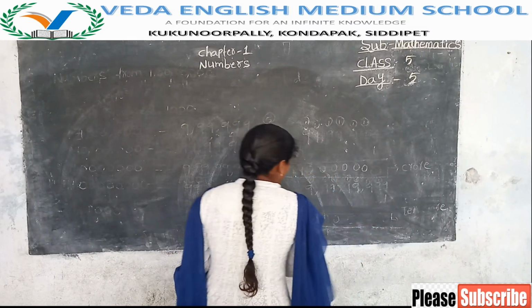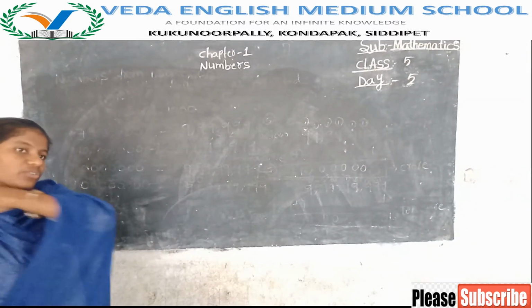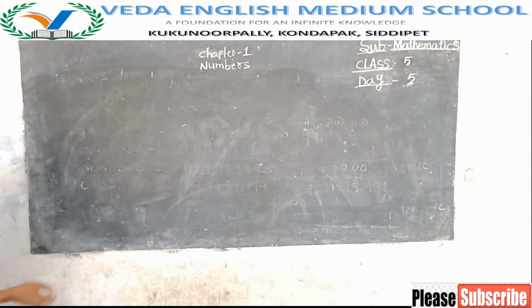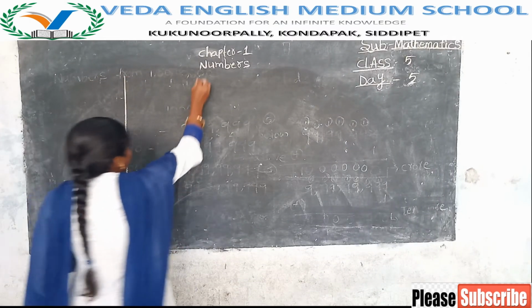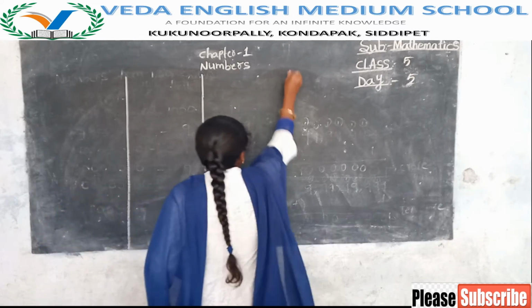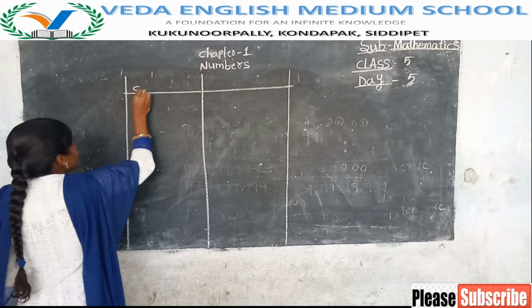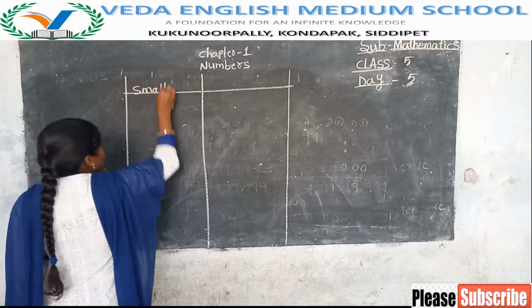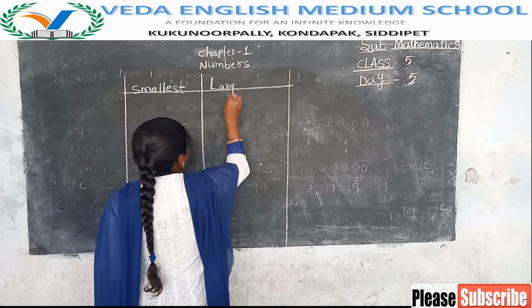Already you know how to write the numbers from lakhs to 10 lakhs. So in class 5 we will learn how to write the numbers from 1 crore to 10 crores. Before going to that, the smallest number and the largest number we have to learn.